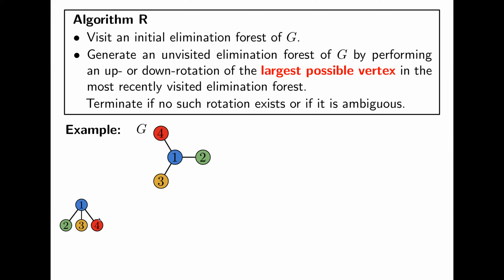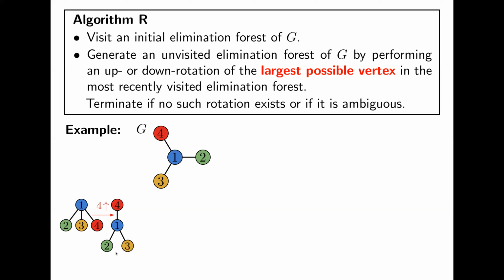So it tries to rotate 4 first. We cannot rotate it down because it is already a leaf, but we can rotate it up. If we rotate 4 up, we get the following elimination forest. This is a new one, it hasn't been visited before because we just had one elimination tree. So it's one successful step of this greedy algorithm.